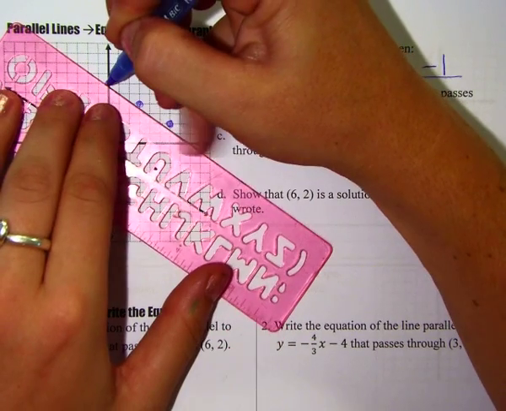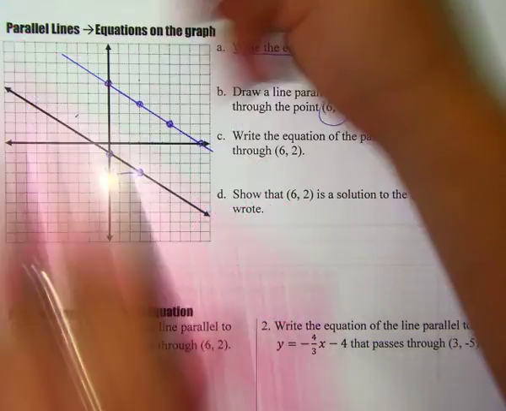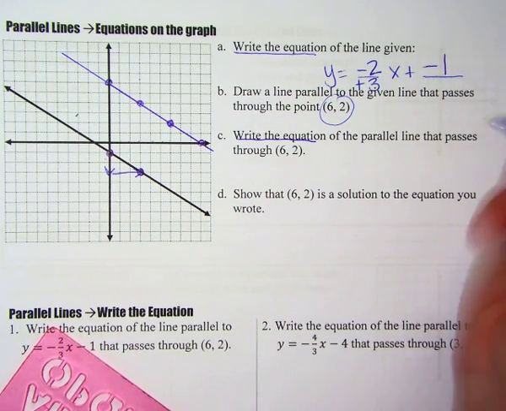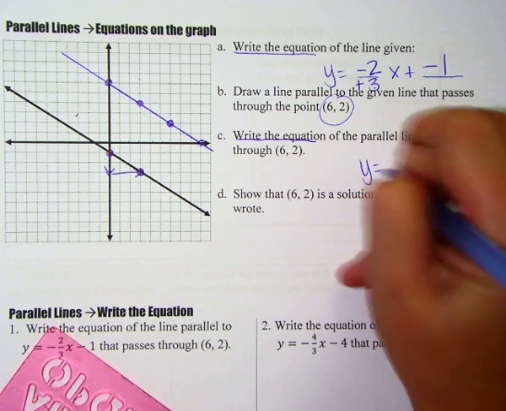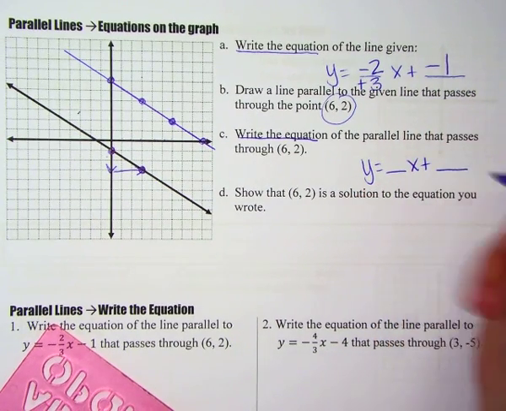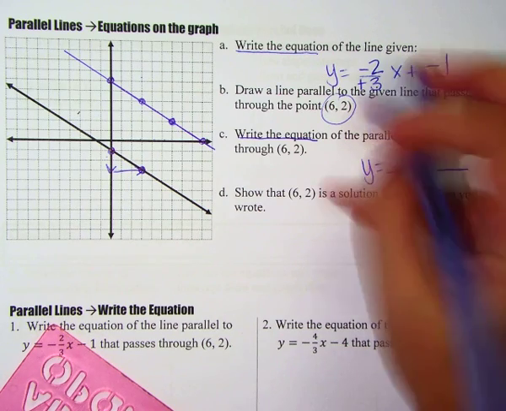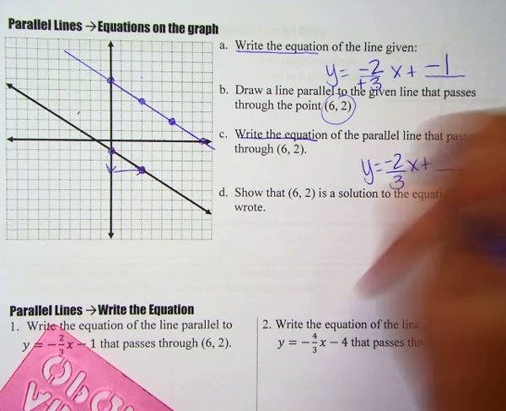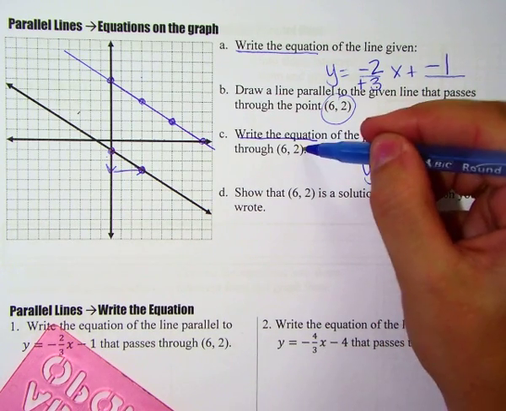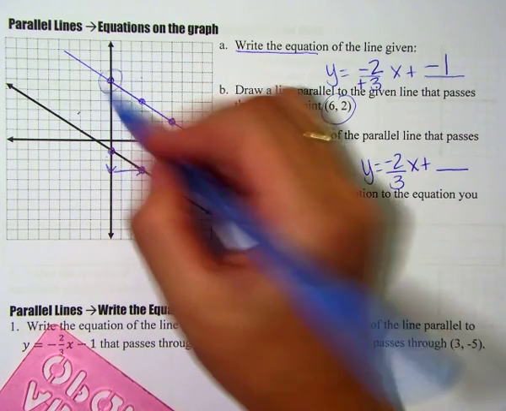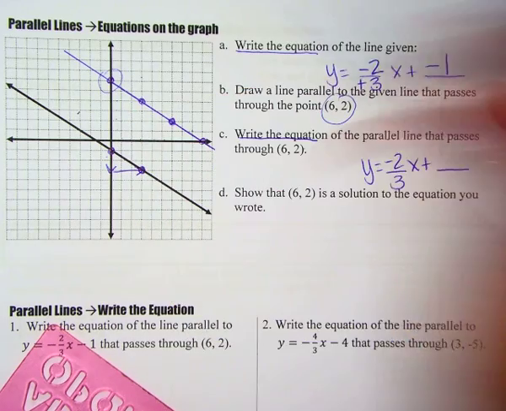Draw a line. I need to write the equation, which means I'm first going to write the skeleton. And if it's parallel, it'll have the same slope. And it passes through this point. Well, this was a line, and it has a y-intercept of 6.